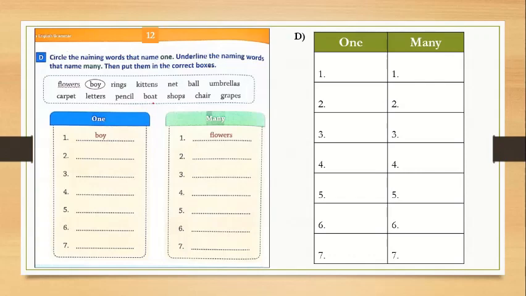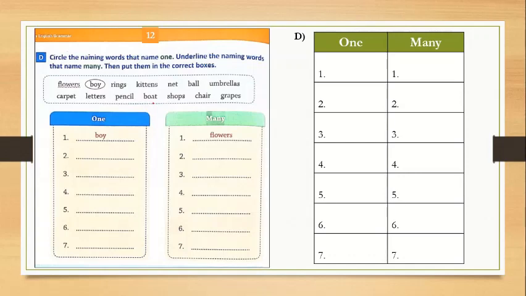Now, how will we find out whether they are for one or many? As I said, this exercise is based on rule 1. So that means if the last letter of the noun is S, it is a noun for many. And if there is no S, it is a noun for one.